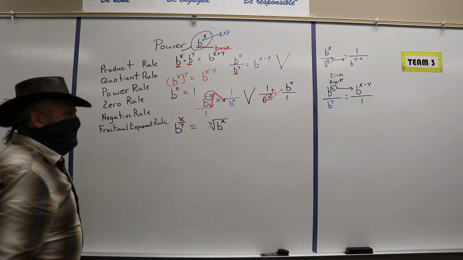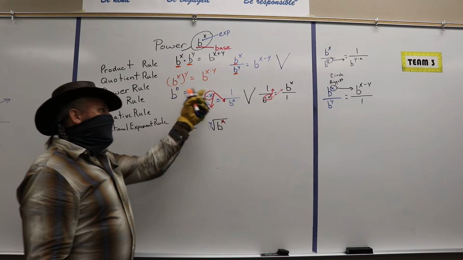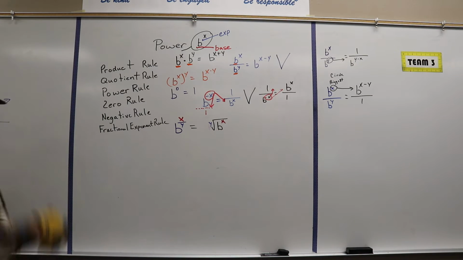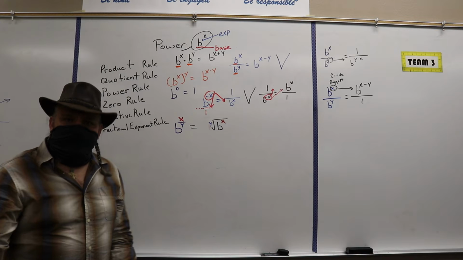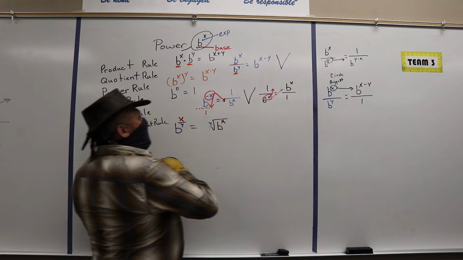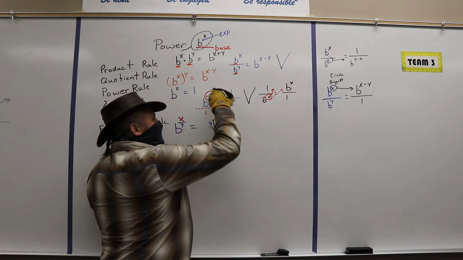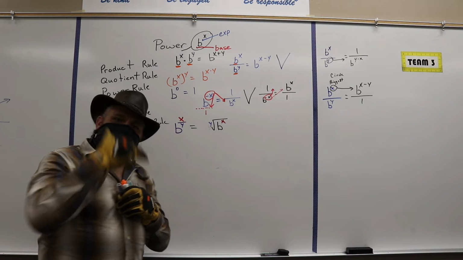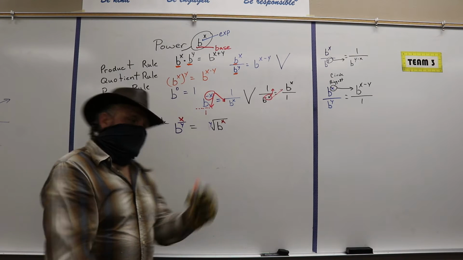So there's really a fraction here. B to the negative x over 1, right? But we never see that over 1 thing. But what we do here is the rule says, hey, I can make this positive if I just move it down to the denominator. So I take the numerator and move it to the denominator, okay?